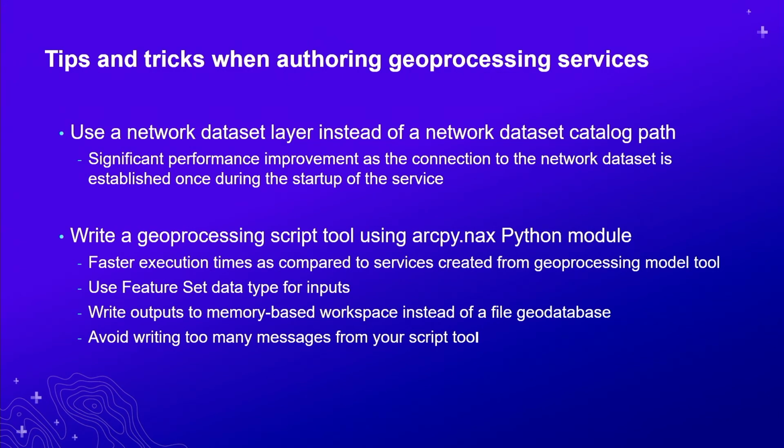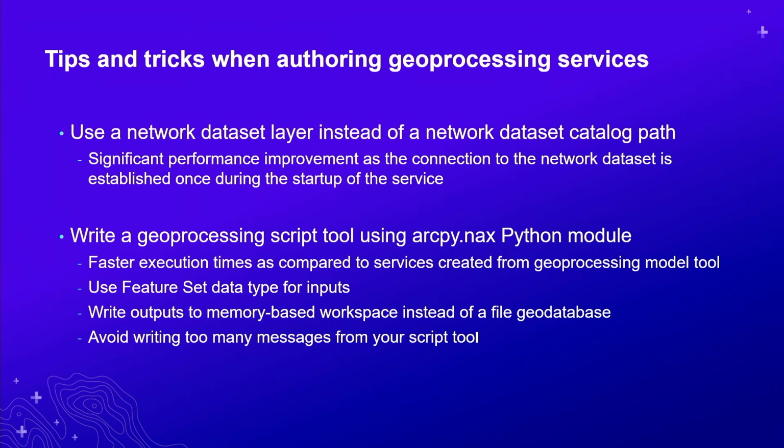Now you should use a network dataset layer instead of referencing a network dataset using catalog path. Now this is extremely important to get best performance. When you use a network dataset layer, the connection to the network dataset is opened only once when the service starts up, and after that the connection information is cached. So subsequently when you use your service, that connection is not being reinitialized.